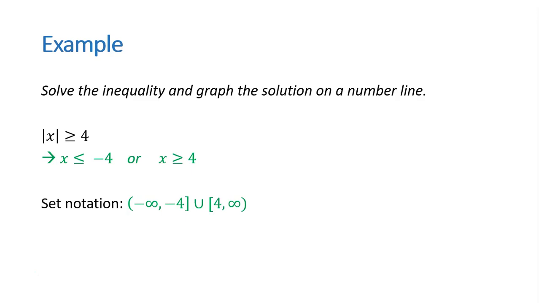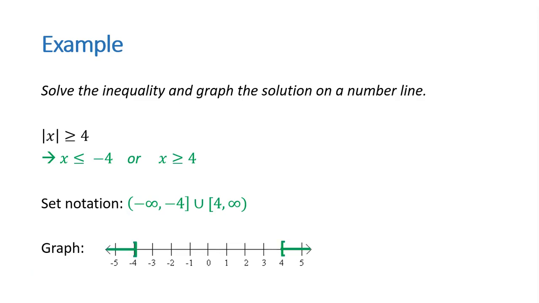Notice that the parentheses with the infinities did not change. They are completely independent of any of the other symbols in our intervals. Regardless of what else we have, the infinities still have to have parentheses around them. And the only thing that changes with our graph is that the parentheses change to brackets. So we can now include negative 4 and 4 as opposed to those being non-included endpoints.